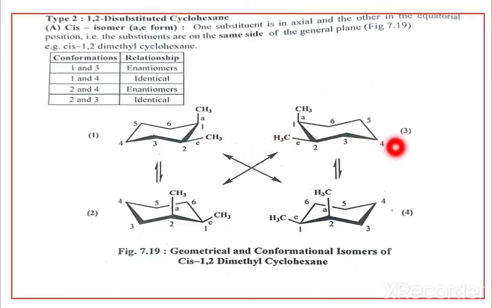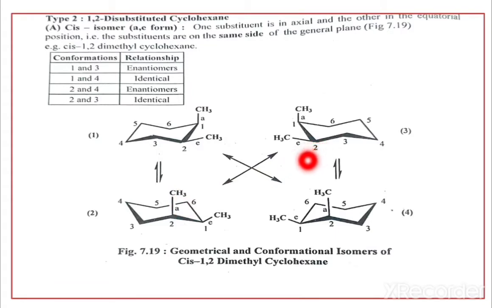Therefore, they are enantiomers. When the first conformation flips, it gives the second, which is the same as 3.